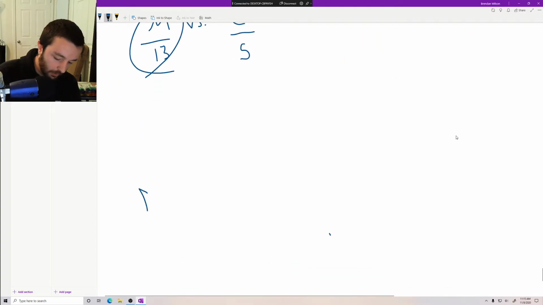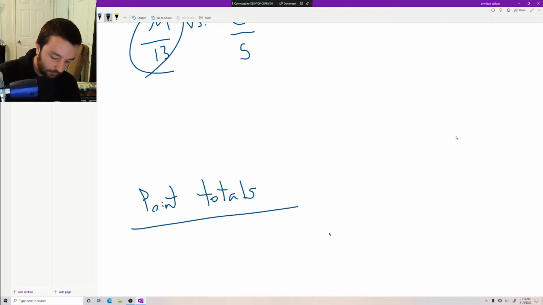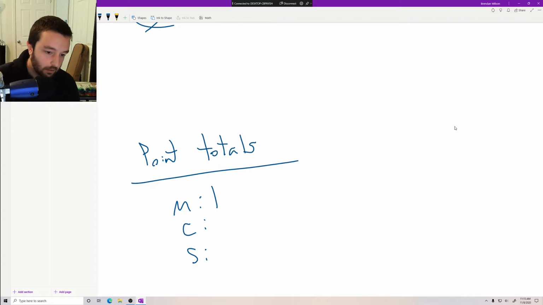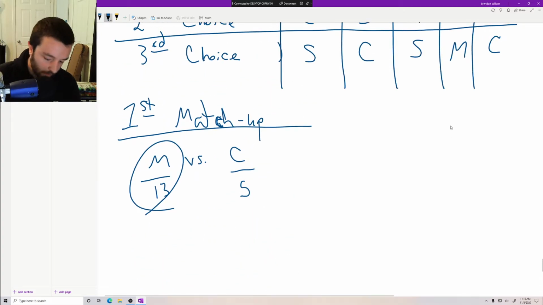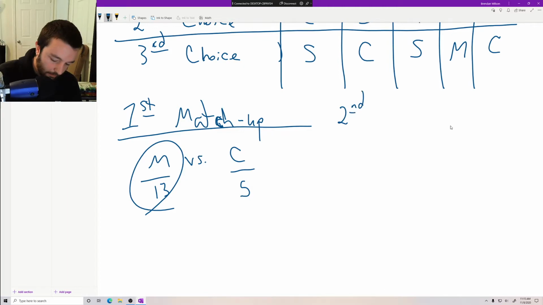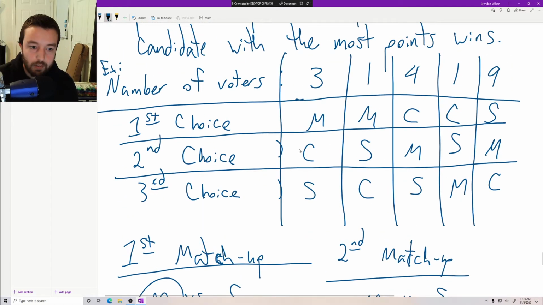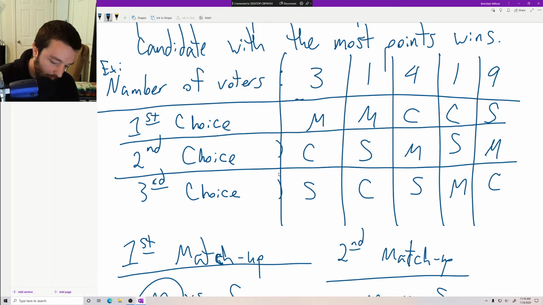So let's do point totals. M, C, S. So we'll give a point to miniatures. We'll just use tally marks. And then we'll do our second matchup, which is going to be M versus S. So where is miniatures beating Snickers?